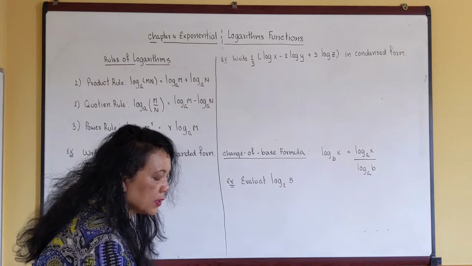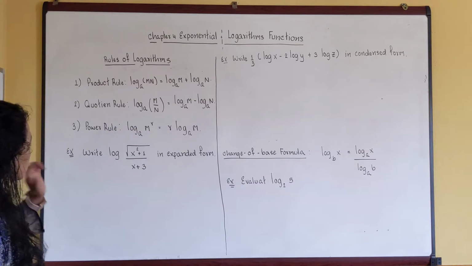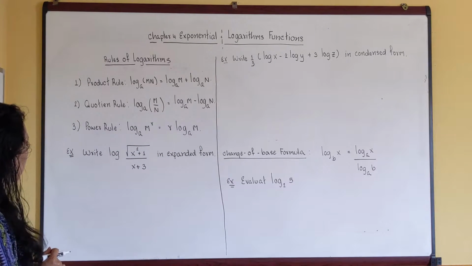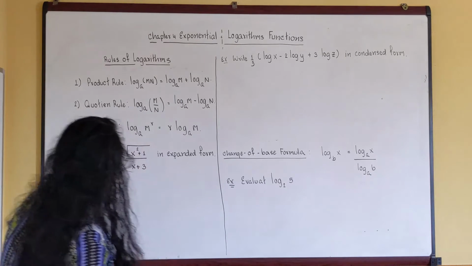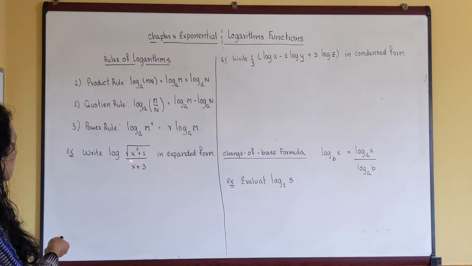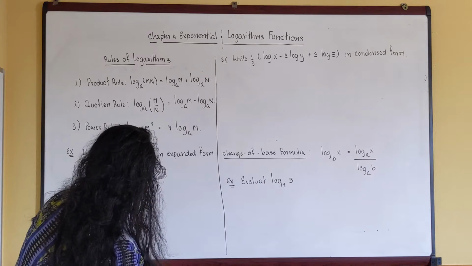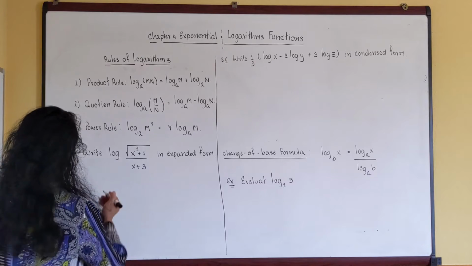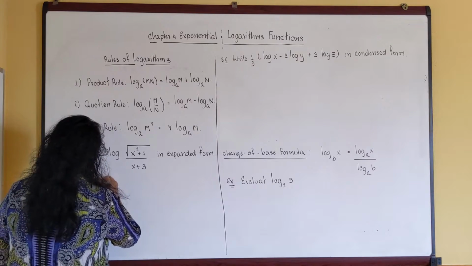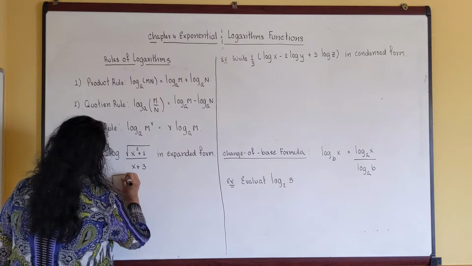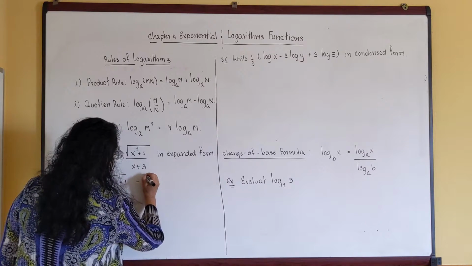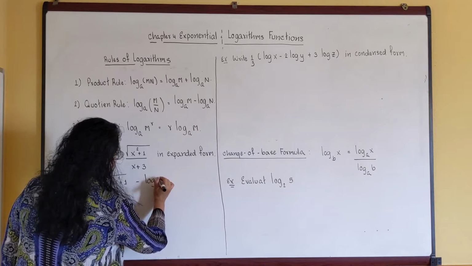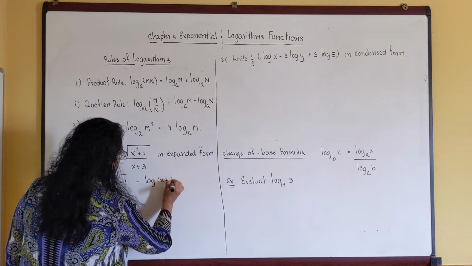So let's look at our example. Now they want you to write this in expanded form. First I'm going to use property number 2, the quotient rule, because it's in terms of division. So I'm going to have log of the square root of x squared plus 1, minus log of x plus 3.